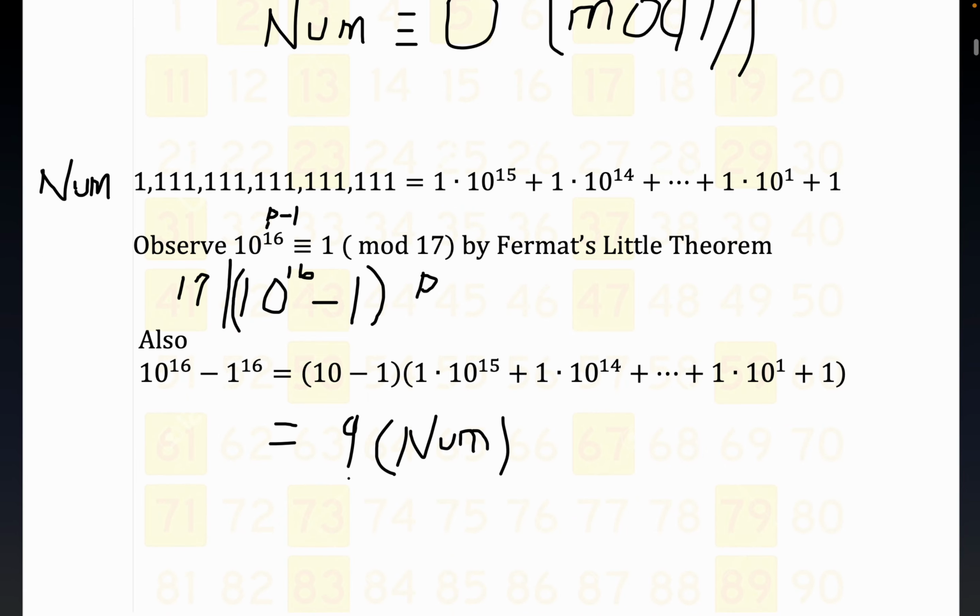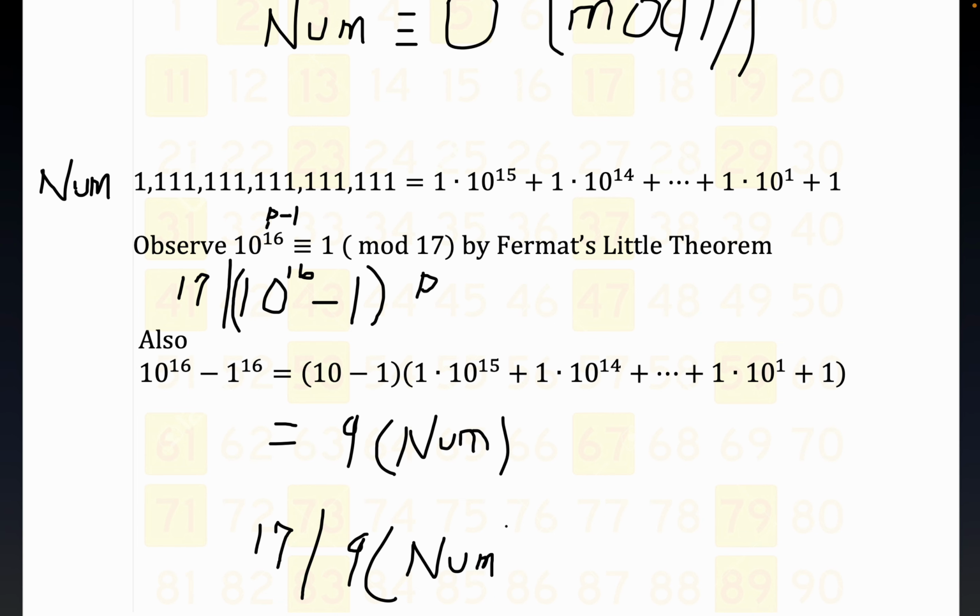So we know that 17 must divide 9 times the object we're interested in. There's a famous result that if a prime divides a product of two integers, it has to divide one or the other.